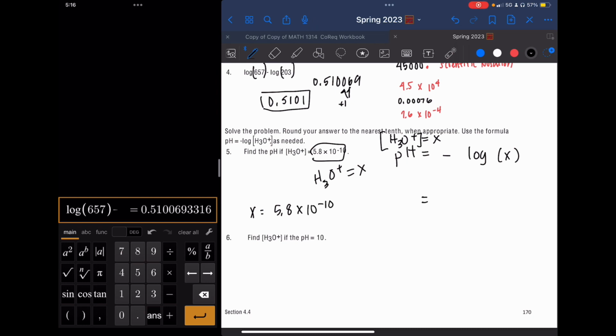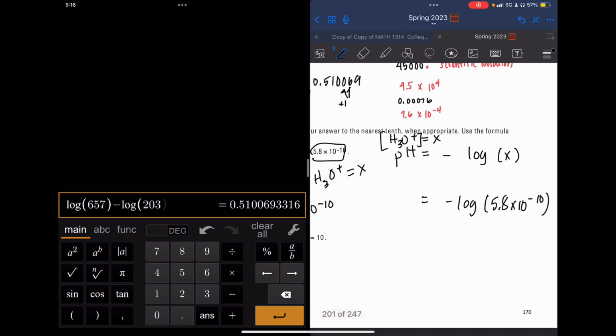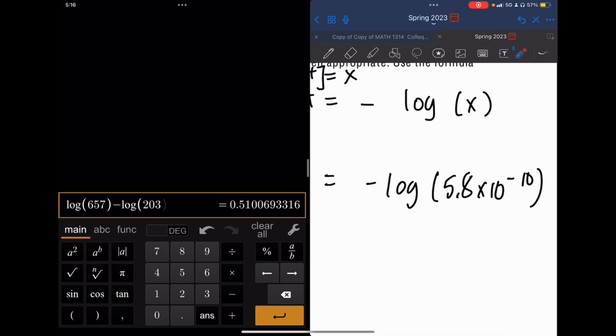So what we put in our calculator is negative log 5.8 times 10 to the negative 10. This right here is what we're putting into our calculator.